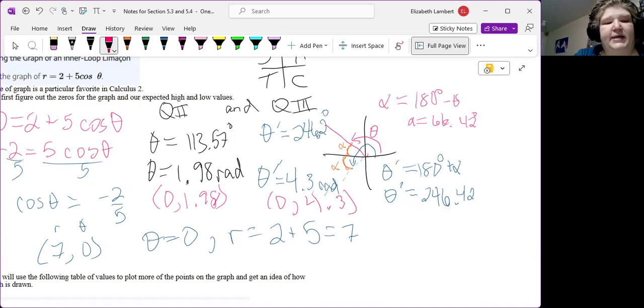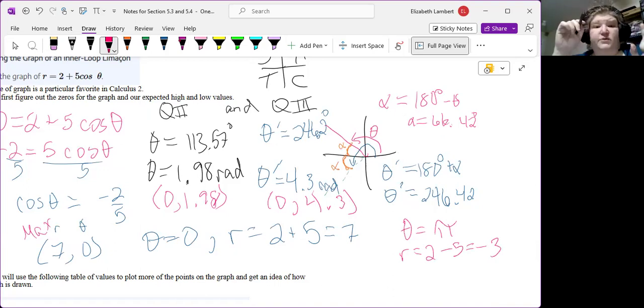So then, all right, what does it do for the rest? There is our max, being a relative term. And then our minimum value would be from pi. Cosine is -1 at pi. So we are going to have 2 minus 5, which will be -3.